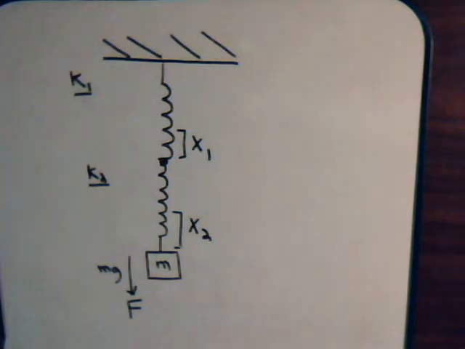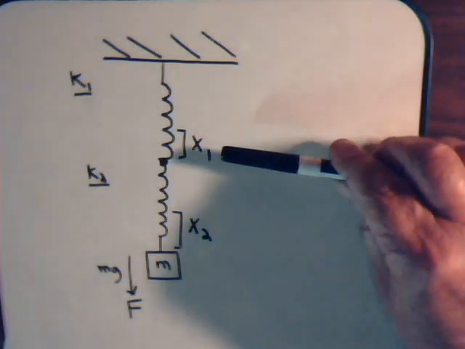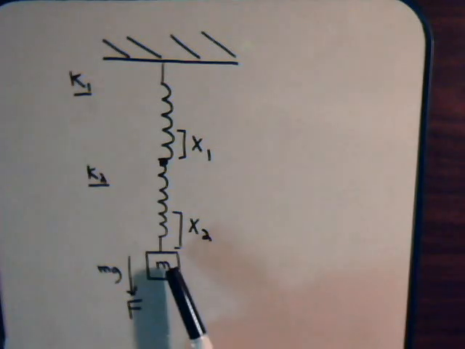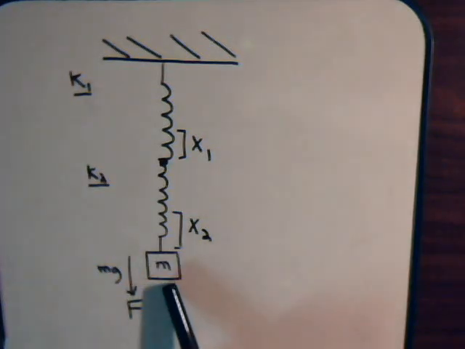So here is one way in which the series system differs from the parallel system. In the parallel system, the displacement for the whole system was the same everywhere. Here, these are different. But there's another way in which the series system differs from the parallel system. Now, attach the mass to this, it stretched the springs out, then of course the mass is just going to stay here.